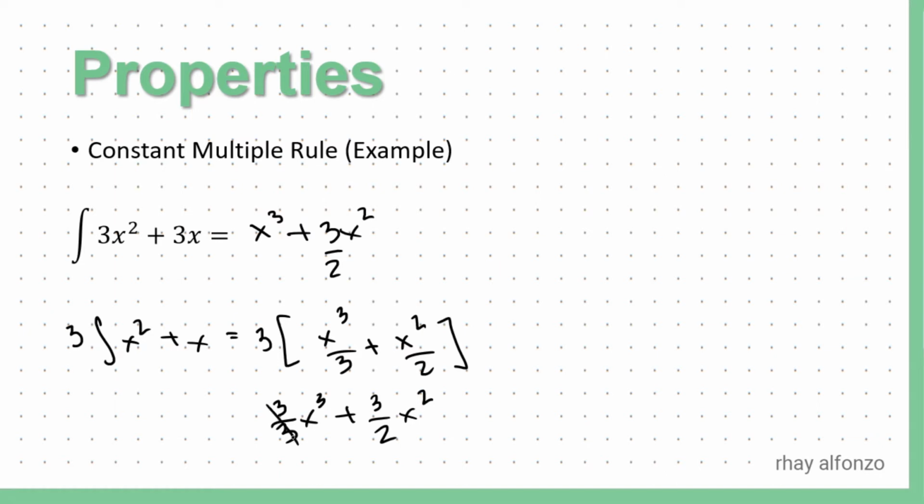So this one cancels, and we end up with x cubed plus 3 halves x squared. So we get the same answer whether we bring out the constant or not. So keep in mind that we can only bring out the constant.